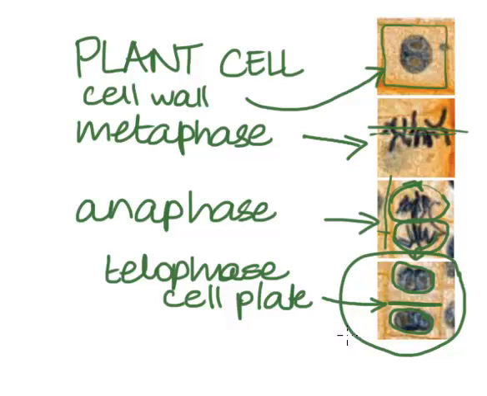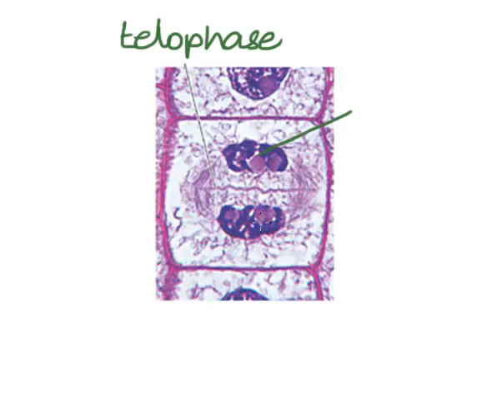Let's have a look at that in a different photograph and see what is happening. This is another photograph showing a plant cell, and in this plant cell we can see that we're in telophase once again, and here you're able to see the two complements of chromosomes.